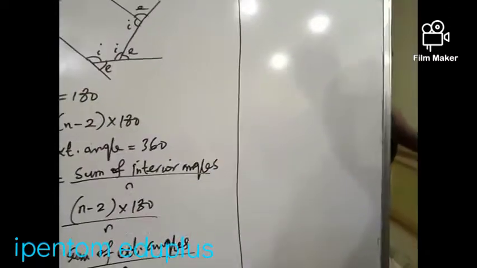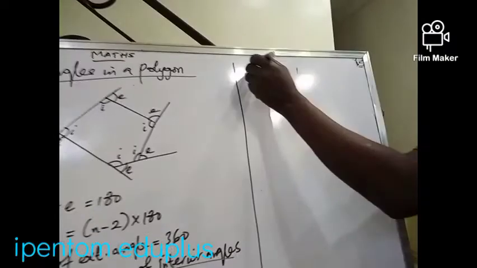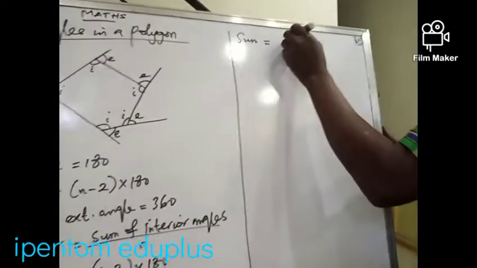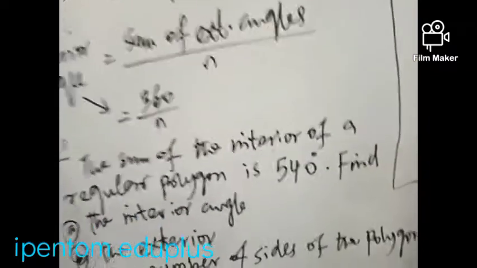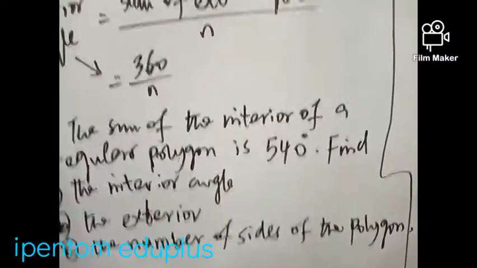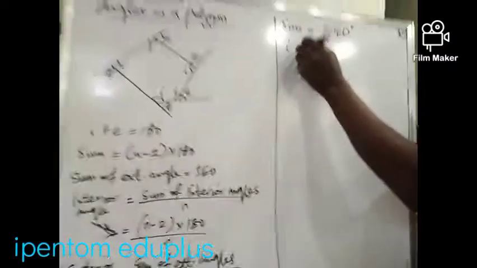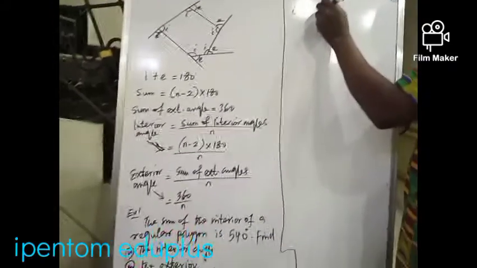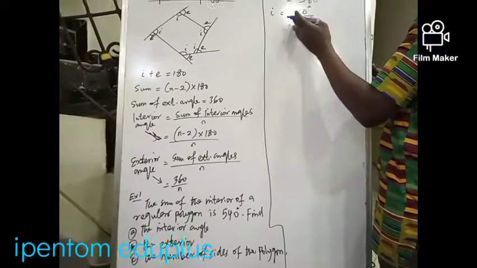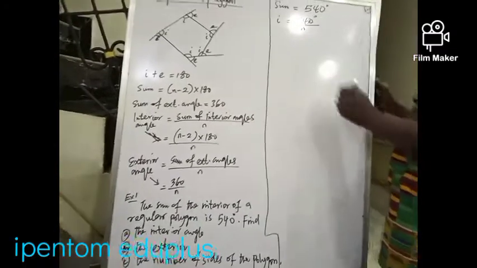So now if you take a look at this question, here we are given the sum of the interior angle. The sum of the interior angle is 540 degrees. And the question says we should find the interior angle. So to get the interior angle, we say I, which is the interior angle, equals the sum of interior angles, 540 degrees, over n, the number of sides.